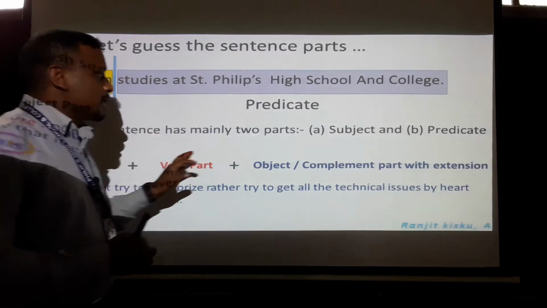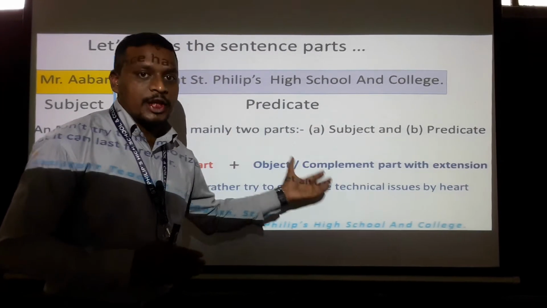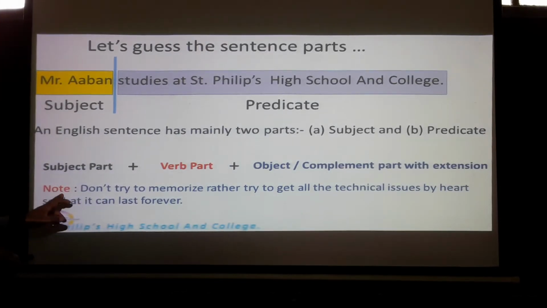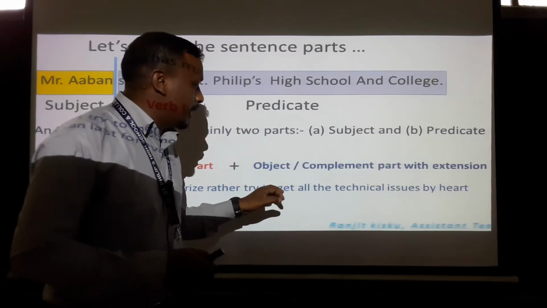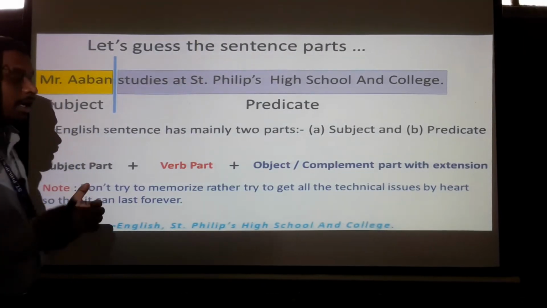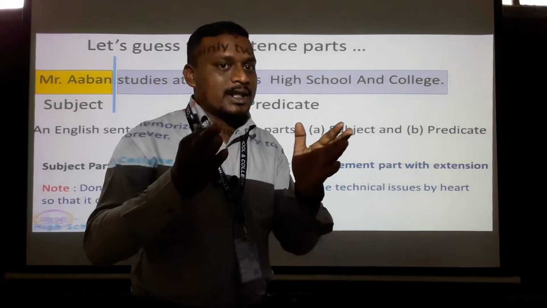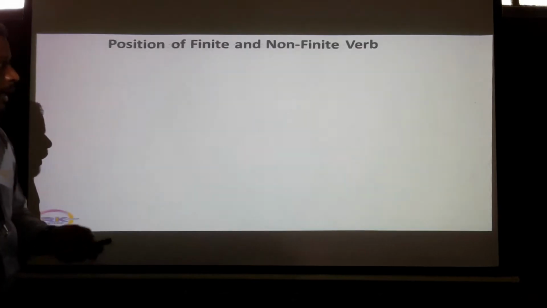So dear learners, an English sentence can have these divisions. Now, there is a note on the screen. Don't try to memorize; rather try to get all the technical issues by heart so that it can last forever. So I don't suggest you memorize anything. Got it? So let's go ahead.